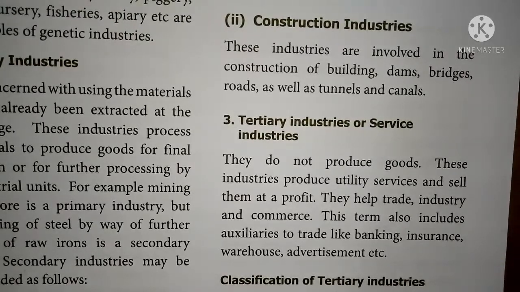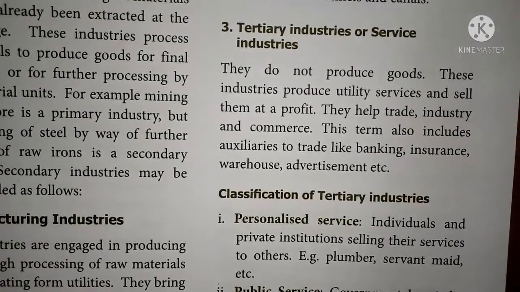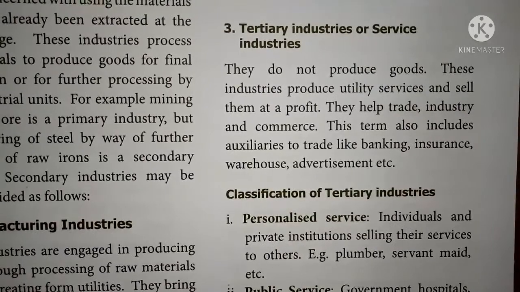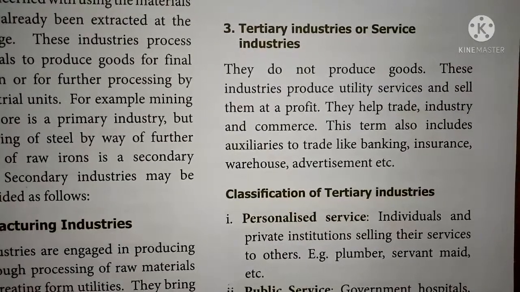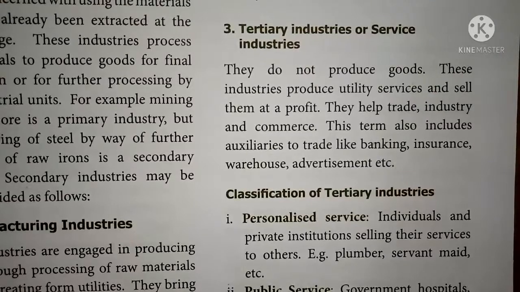Tertiary industries are service industries. They do not produce goods, but they produce utility services and sell them at a profit. They help trade, industry and commerce. This term also includes auxiliaries to trade like banking, insurance, warehousing and advertisement.